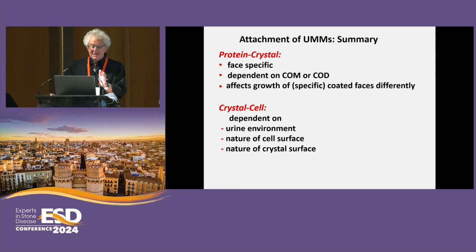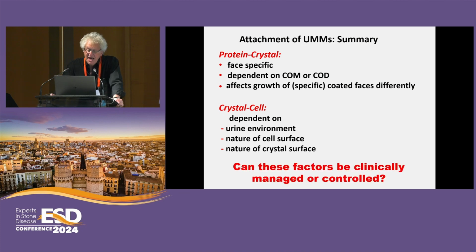Then for crystal cell, it depends on the urine environment, the nature of the cell surface, and the crystal surface. And the question, which is the topic of this lecture, is can these factors be clinically managed or controlled?